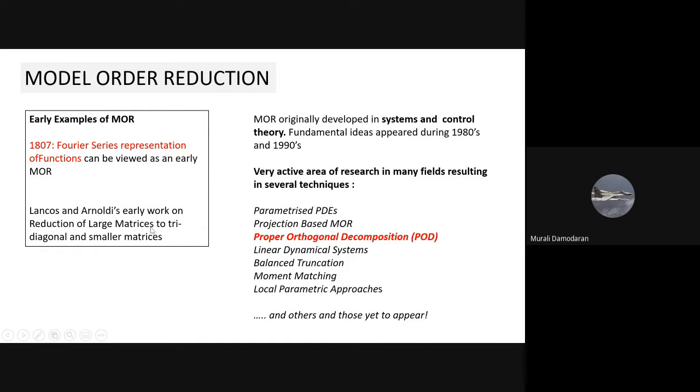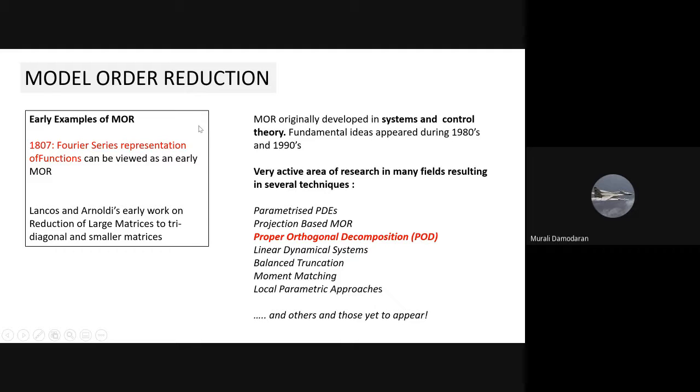So there were some efforts by various mathematicians to see whether they could come up with a quick way to solve the equation with a smaller size matrix, or even a tridiagonal one.